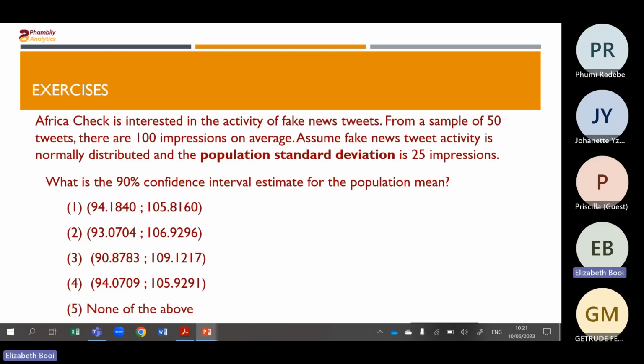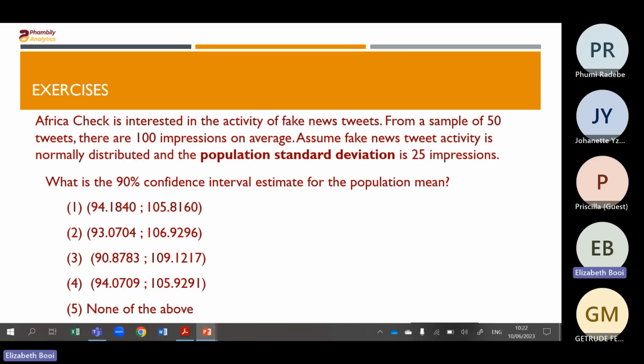From a sample of 50 tweets, there are 100 impressions on average. Assume fake news tweets activity is normally distributed with a population standard deviation of 25 impressions. What is a 90% confidence interval for the population mean?